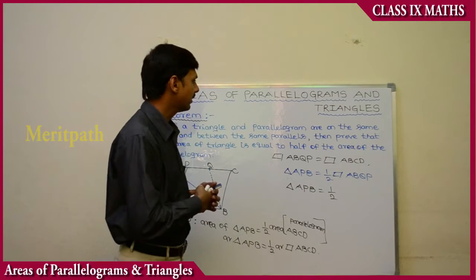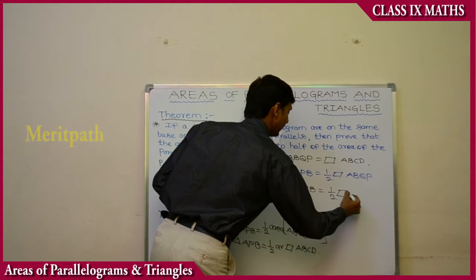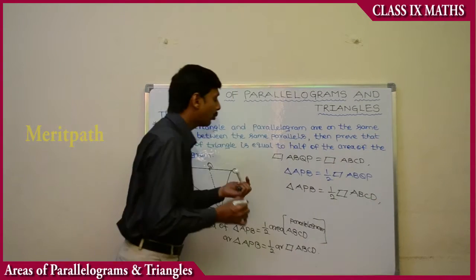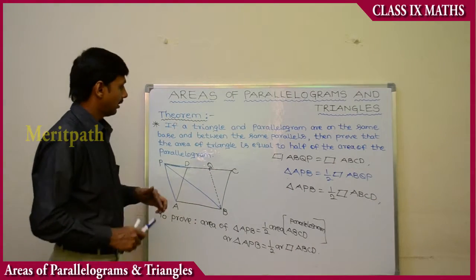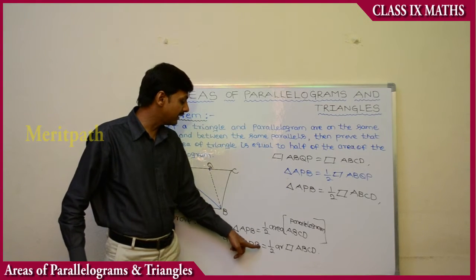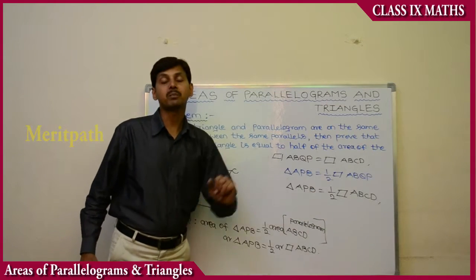So in place of ABQP, we can write parallelogram ABCD. So let's see what we have proved: area of triangle APB is equal to half of the area of the parallelogram ABCD.